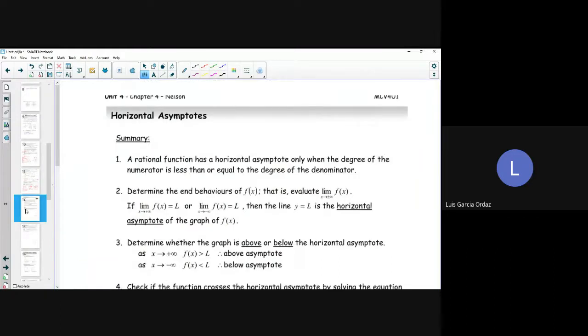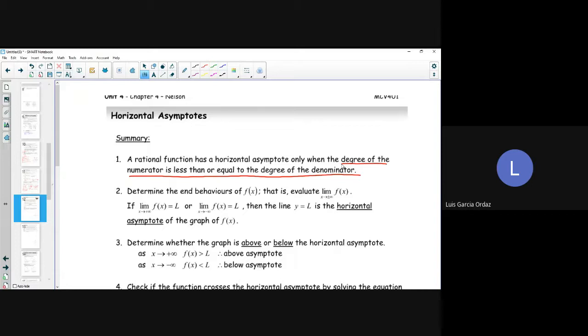So again, in summary, a rational function has a horizontal asymptote only when the degree of the numerator is less than or equal to the degree of the denominator. That's the important part. Your numerator cannot be higher than your denominator.